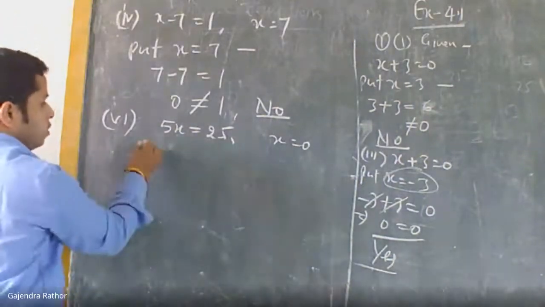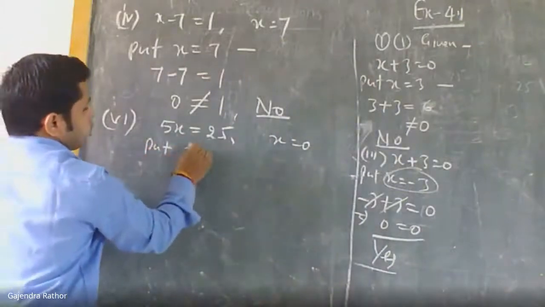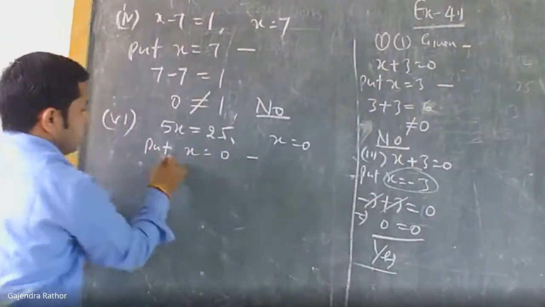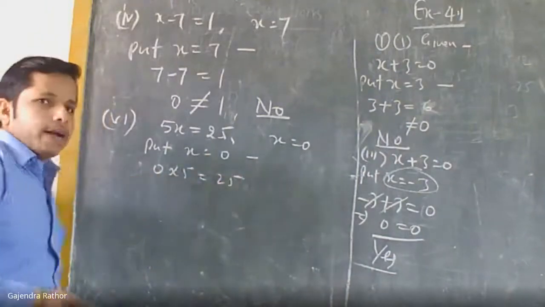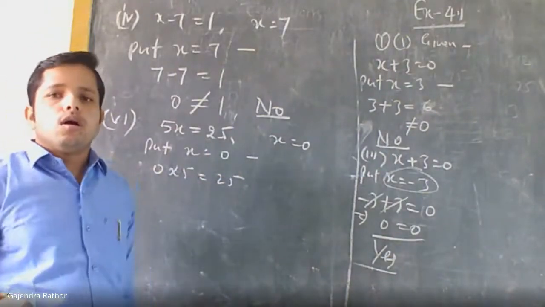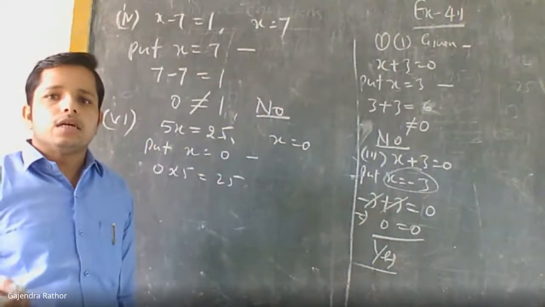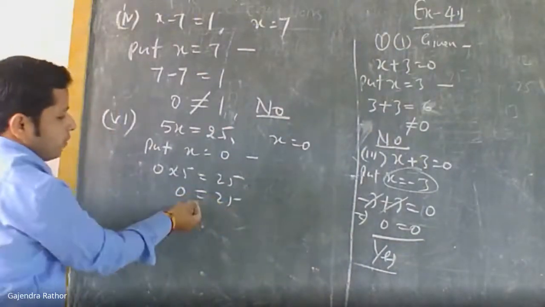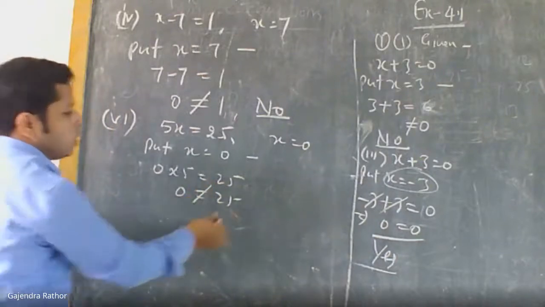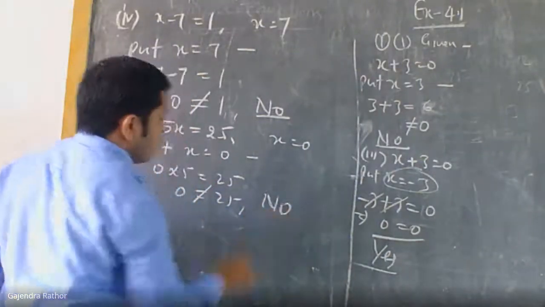Okay, put x is equal to 0. So 0 into 5 is equal to 25. Now we know that if you multiply 0 by any number, the answer will be 0. So this is 0. But we know that the values are not equal. So the answer is no.